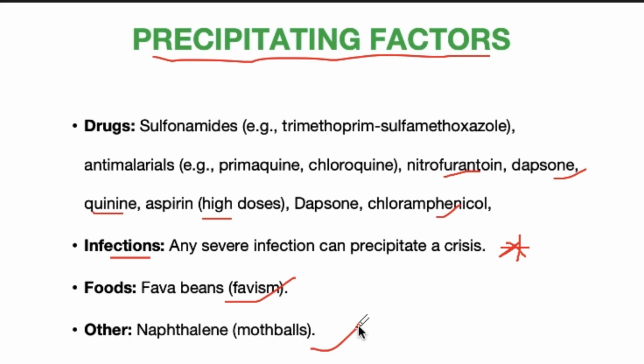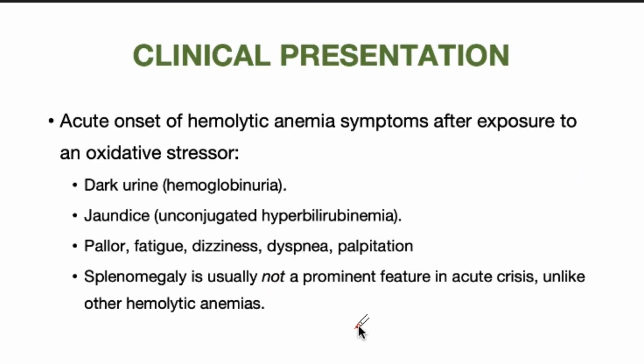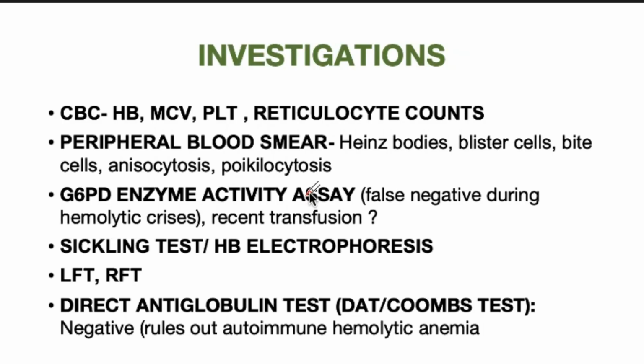In the clinical setting, if a G6PD deficient individual comes in with a hemolytic crisis, there are some basic laboratory investigations that you would like to run. First is the full blood count. With the full blood count, you like to look at the hemoglobin level so as to rule out any anemia.